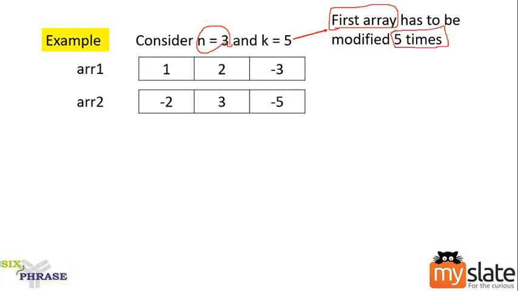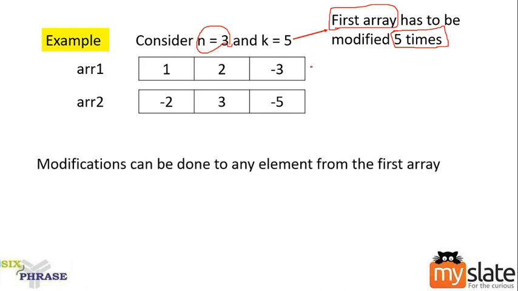Do you want to increase the value or do you want to decrease the value? That is up to you. But the first array can be modified 5 times. Now what is our aim? Our aim is to minimize the sum of product values. To do that, you can modify any element from the first array, any element or a set of elements.